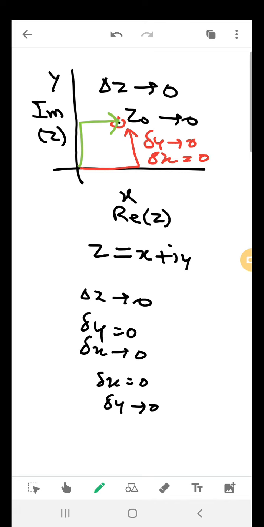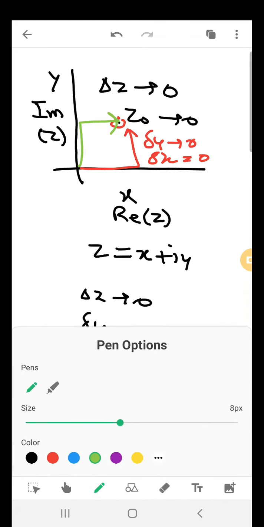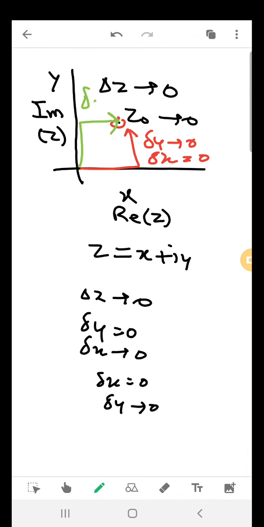Or if we are following the green line, then delta y is equal to 0 and delta x tends to 0. So there are two different ways of approaching the point.